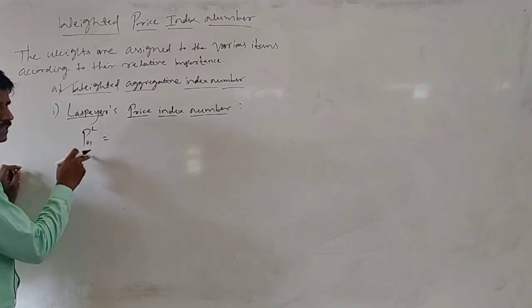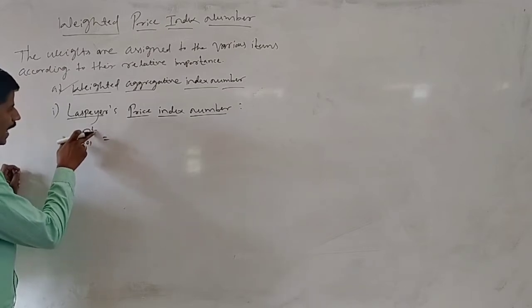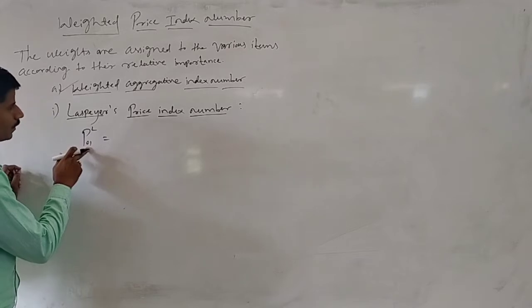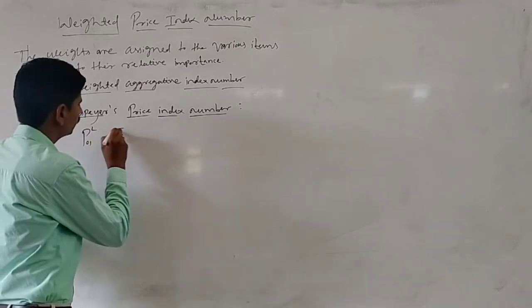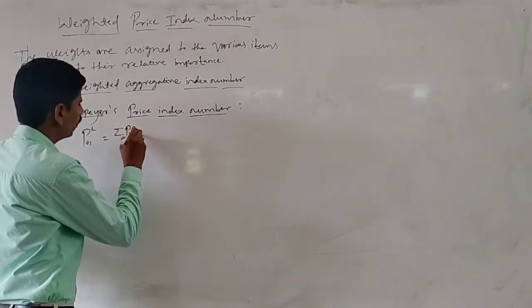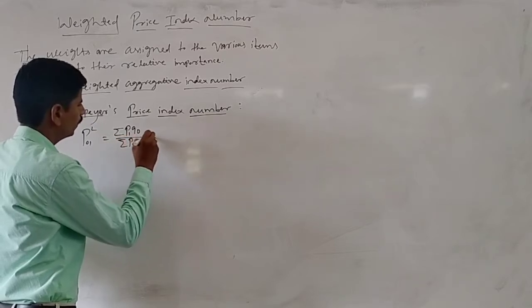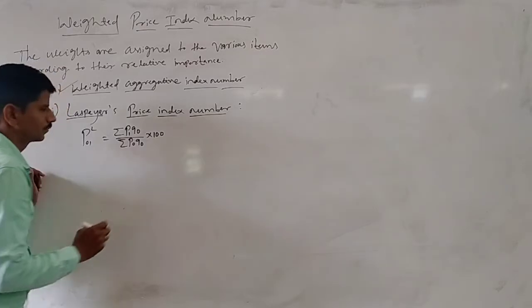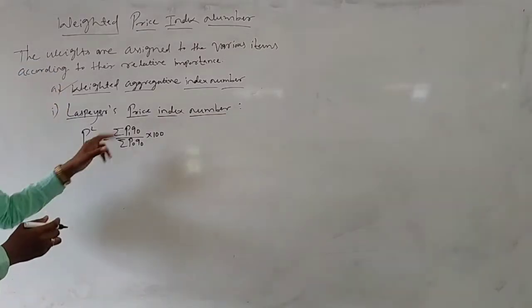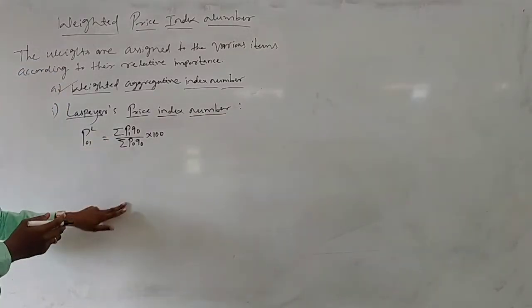That is, P01 equal to sum of P1 Q0 by sum of P0 Q0 into 100.